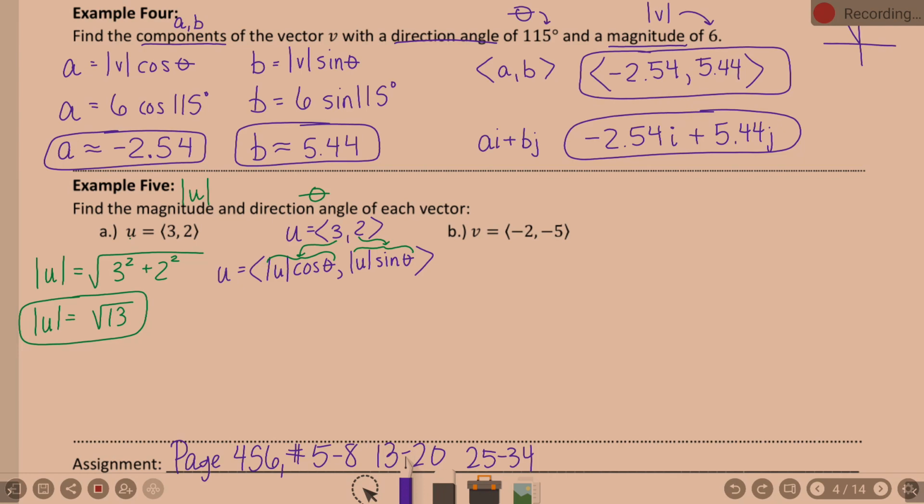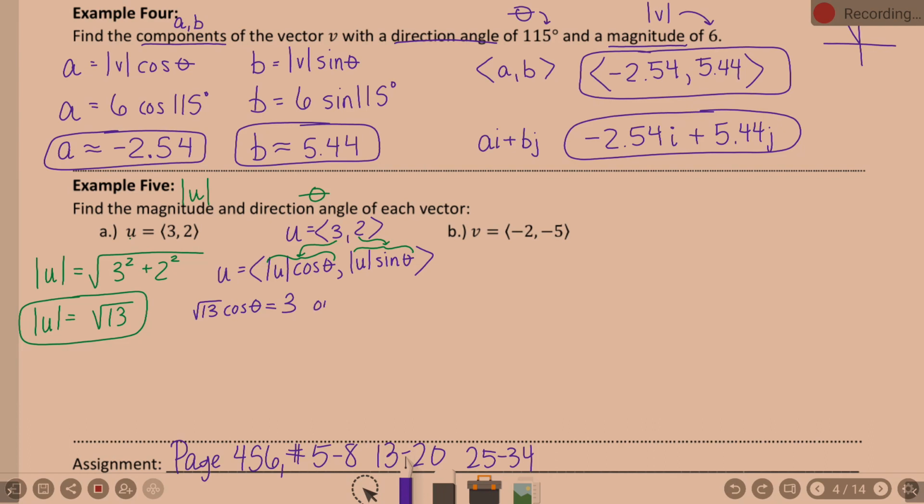We can set up the idea of absolute value of U cosine theta equals 3. Now, what is the absolute value of U? Square root of 13, because we already found that, yes? So we could set up the equation square root of 13 times cosine of theta equals 3. That's the horizontal component.